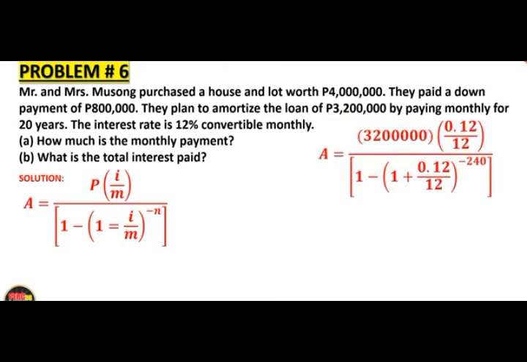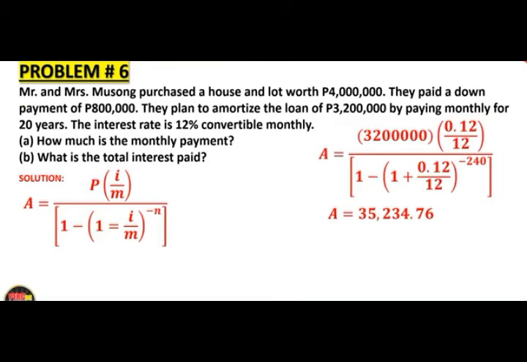We have 3.2 million times 0.12 over 12, and then we have 1 minus (1 plus 0.12 over 12) raised to negative 240. 240 is because 20 times 12. 20 is stated in the problem, paying monthly for 20 years. Therefore, the monthly payment is A equals 25234.76 pesos.